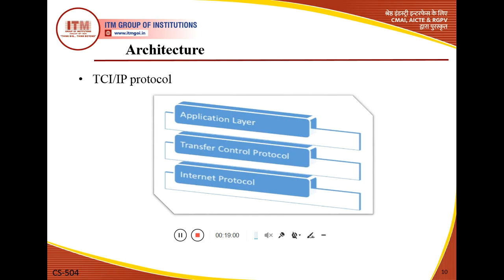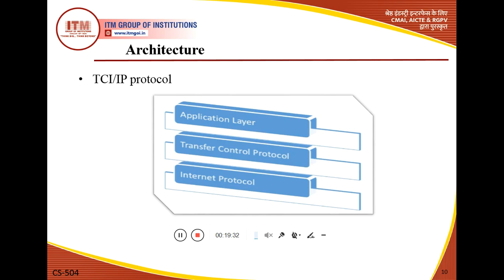These packets travel from one host to another host in a network, and reach the destination with the help of the internet protocol. So this is the role of the internet protocol: it defines how a number of packets travel from one host to another, and reach up to the destination.